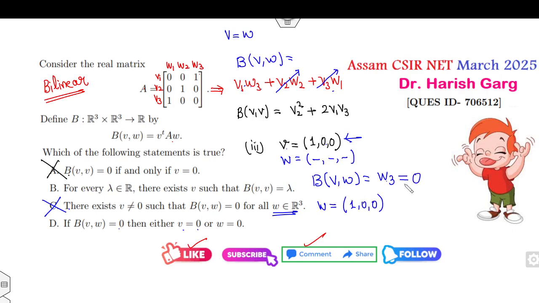This number will be 0, so this property is satisfied. Once this property is satisfied, then either V is 0 but V is non-zero, or W is non-zero. So D option is also cancelled.